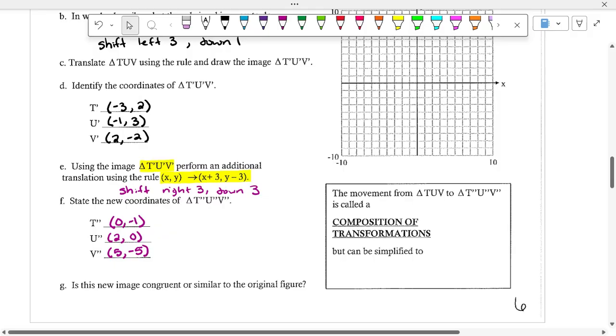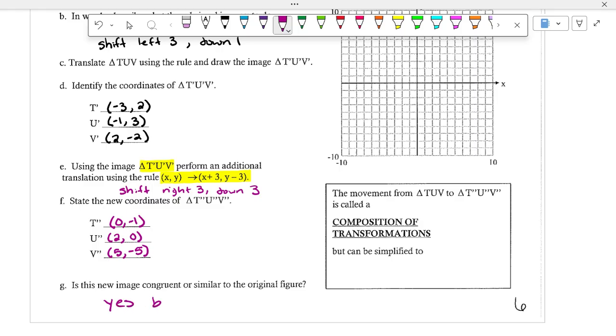Based off of just what we did numerically, do you think the double prime image will be congruent to the original? Like not to the prime, but to the original image, what we started with? Yes. Because again, all we did was just a translation. Translation is a rigid motion.